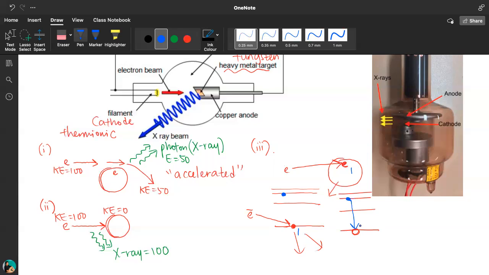So again, when the high-speed electron knock off the low energy electron, it creates an empty space, and then the high energy one will come down. Once it comes down, de-excites, again you get photon in the X-ray region.